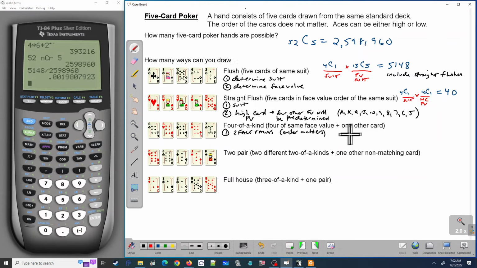And so I think what I'm going to do now is I'm going to do the math immediately and show you steps. So step number 1, it's 13P2. Then what I'm going to do is technically I should find the suits of the 4 cards that are 4 of a kind. The problem is, that's going to just be 1.